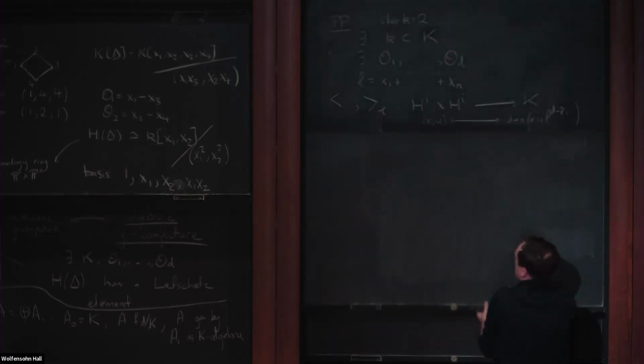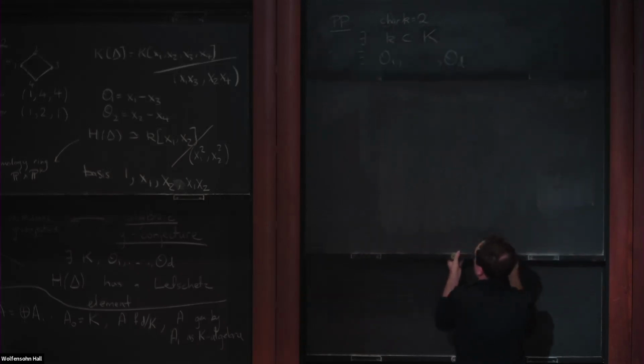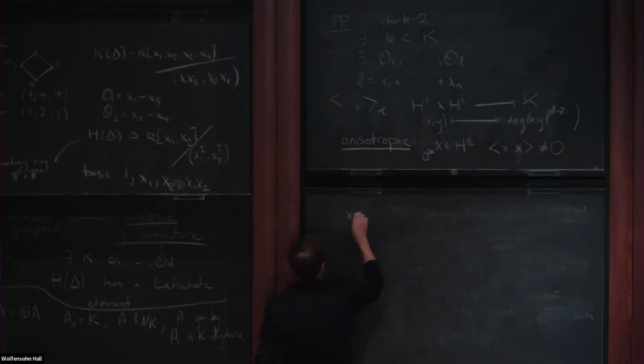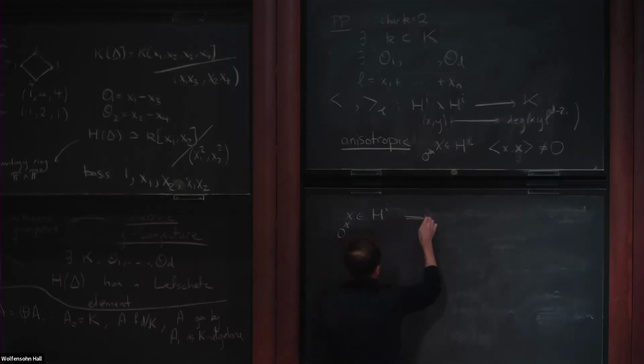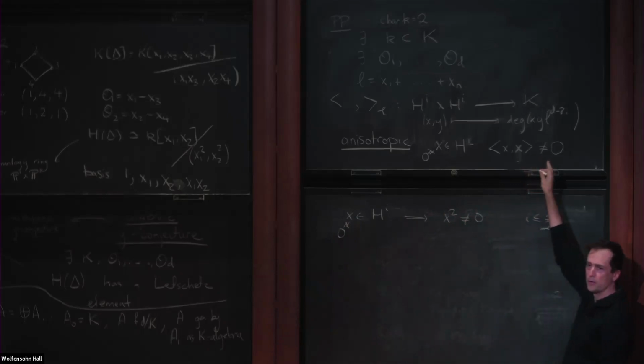One consequence is that if I take a non-zero element of degree i, then the square had better be non-zero. By the definition, if the square was 0, this couldn't be true.